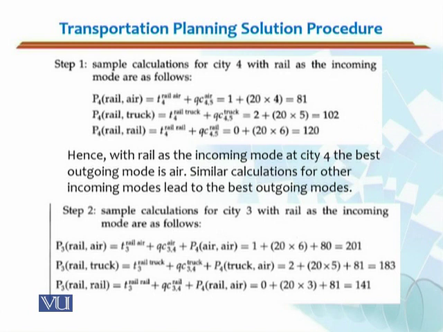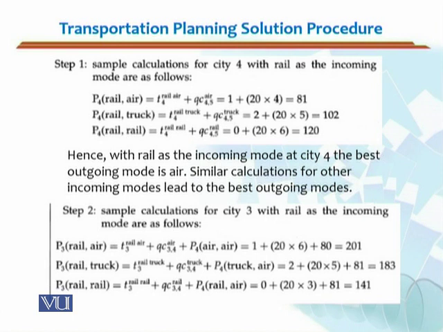If there is no switching, the cost is 120. That means the mode remains as rail. Hence, with rail as the incoming mode at city 4, the best outgoing mode is air. Why? Because from rail to air, the cost is the minimum, which is 81. Similar calculations for other incoming modes lead to the best outgoing modes.